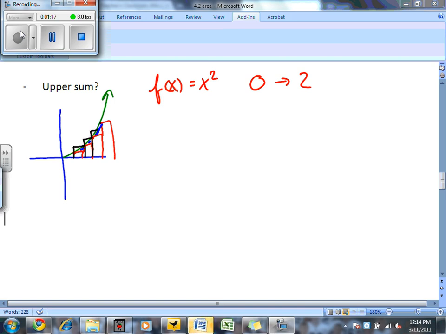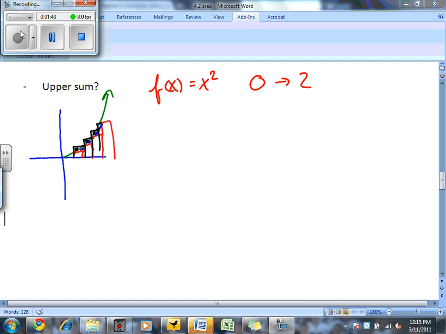So if you notice, my area that I find is going to be slightly bigger. That's why that's the upper sum, and that's why the previous one was the lower sum. Since for the lower sum we were using the left endpoints, that's why we used i minus 1. Since we're using the right endpoint, in this case, it turns out that the right endpoint is the upper sum. We're going to use just i for the upper sum.